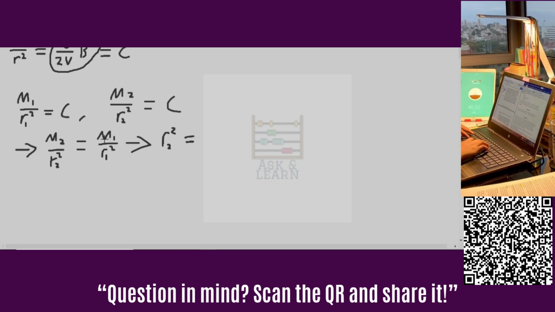You have r2 squared, so now we have this m moved over and then flipped. We have m2 multiplied by r1 squared divided by m1. And we know all of these, but this is for r squared, so we need to take the square root.